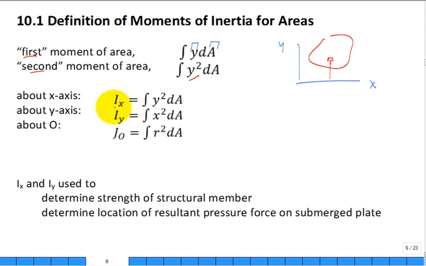So you can compute about the x-axis, I sub x, that's the one we just wrote. So you have the y squared, but you can also compute it around the y-axis. So if you're computing with respect to the y-axis, what's that distance? That's x. That's the distance of that little chunk of area from the y-axis.